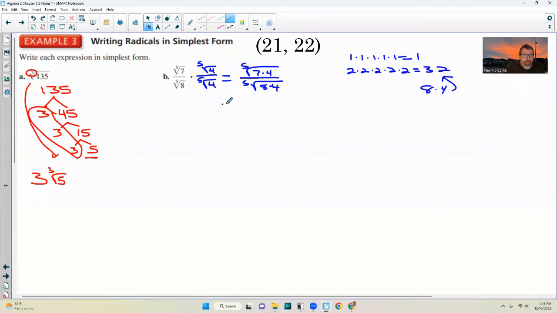That simplifies to the fifth root of 28 over the fifth root of 8 times 4, which is 32. Well, the fifth root of 32 is 2. So this simplifies to the fifth root of 28 over 2, and that is our answer.